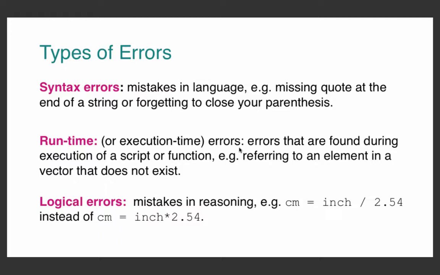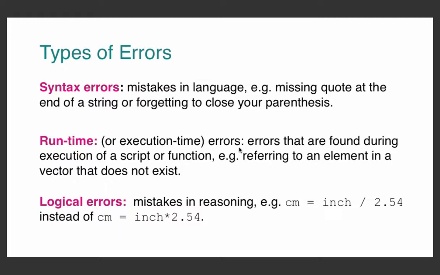So if you're doing a string, you might have a single quote beginning it, but no single quote ending it, and MATLAB's going to complain to you saying, there's an error, I don't understand what you're doing, fix it up. Okay? By far, these are the most common errors, and MATLAB's going to tell you about them, okay? Before your program even runs.